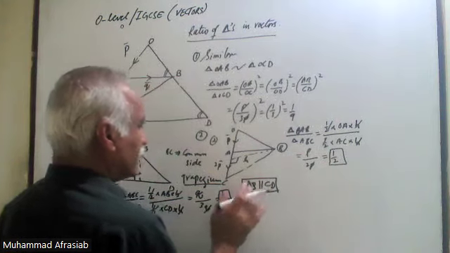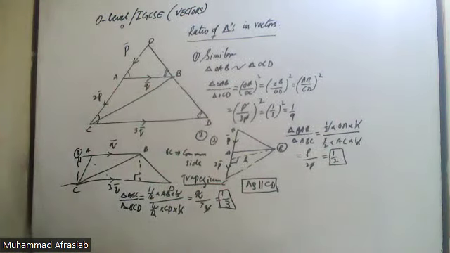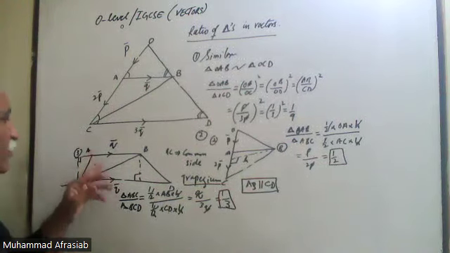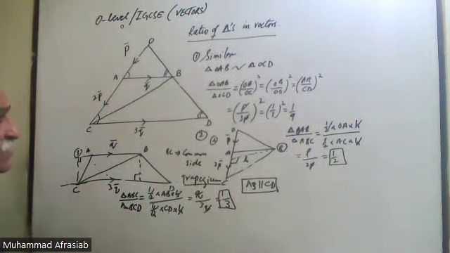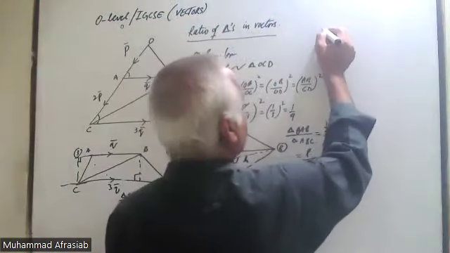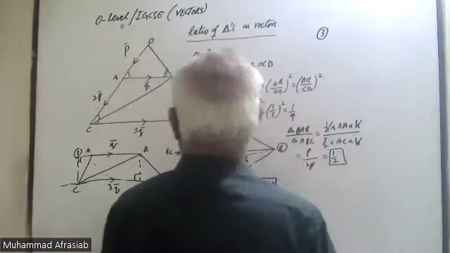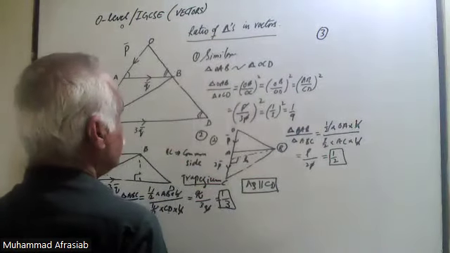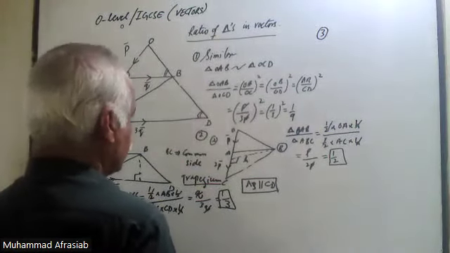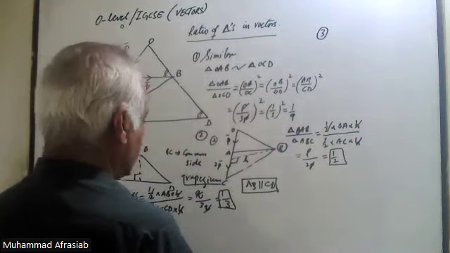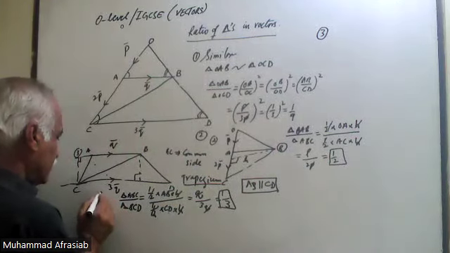So when these two sides are parallel and they have a common vertex, the ratio will be AB over CD. And this is the third part.